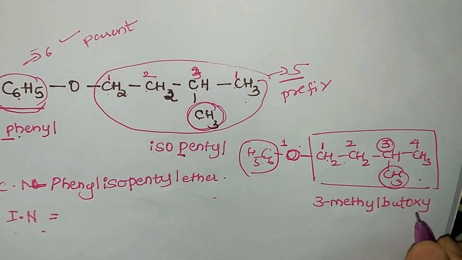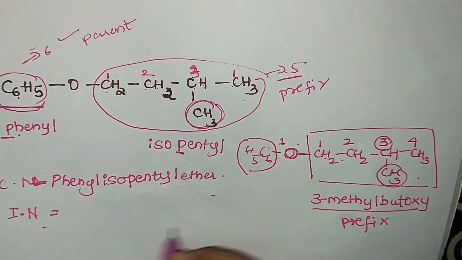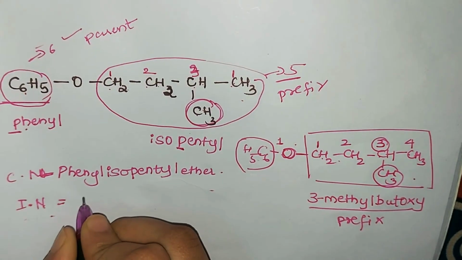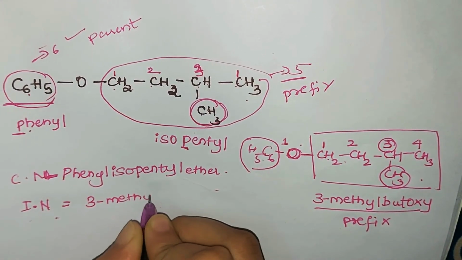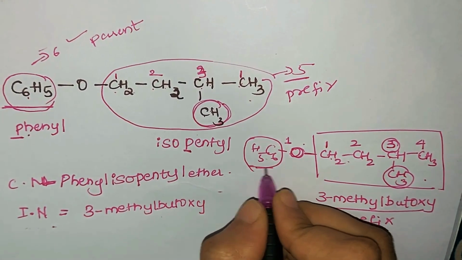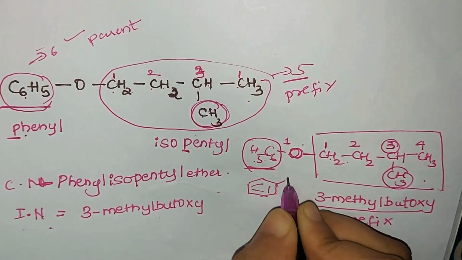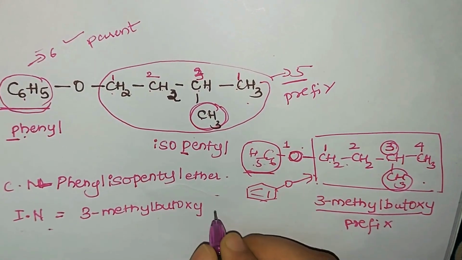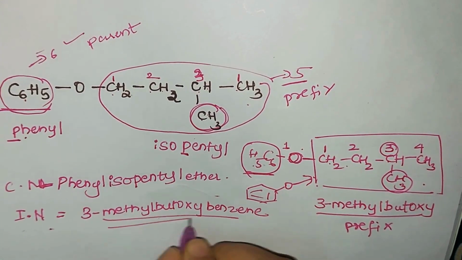So the name of your prefix is 3-methylbutoxy. So what will be the IUPAC name? Prefix followed by parent name. The prefix is 3-methylbutoxy, and the parent is benzene. So the IUPAC name is 3-methylbutoxybenzene.